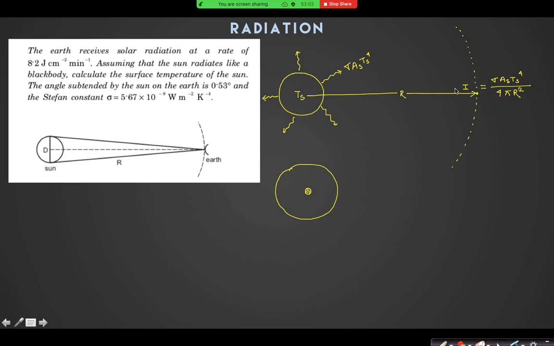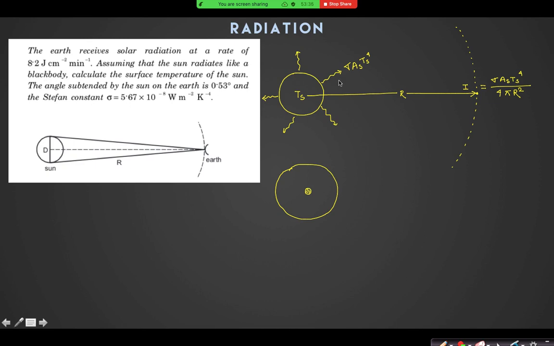Can you understand what I have written here? This power is uniformly distributed over how much surface area? 4 pi R square, yes. So each unit surface area is taking this much power, which is nothing but the intensity. So that intensity is falling on Earth. Yes or no? Yes. So I have to just equate that and I can find my answer.